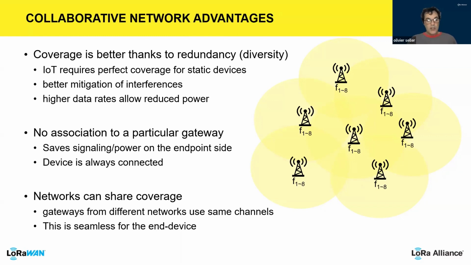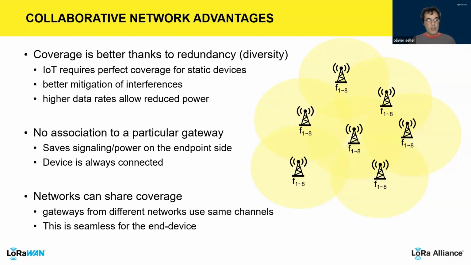The other advantage of having such a collaborative network is there is no association to a particular gateway. So here, on the protocol side, the end device is not attached to a gateway. It's connected to the entire set of gateways, and any gateway from the network will relay the frames of the device.